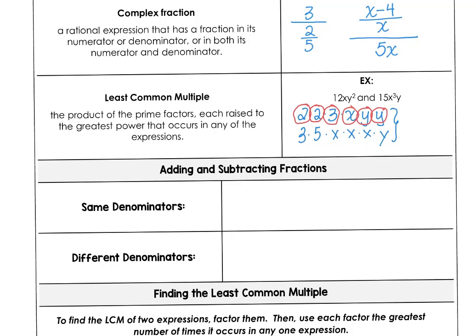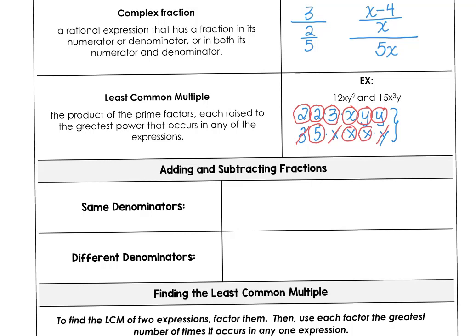And then in the next one, we've already used a 3 here, so we don't need another 3. We don't have a 5 in the first, so we need a 5. And we already have 1 x, so we don't need that x, but we need 2 more x's, and we already have 2 y's in the first factorization, so we don't need those.